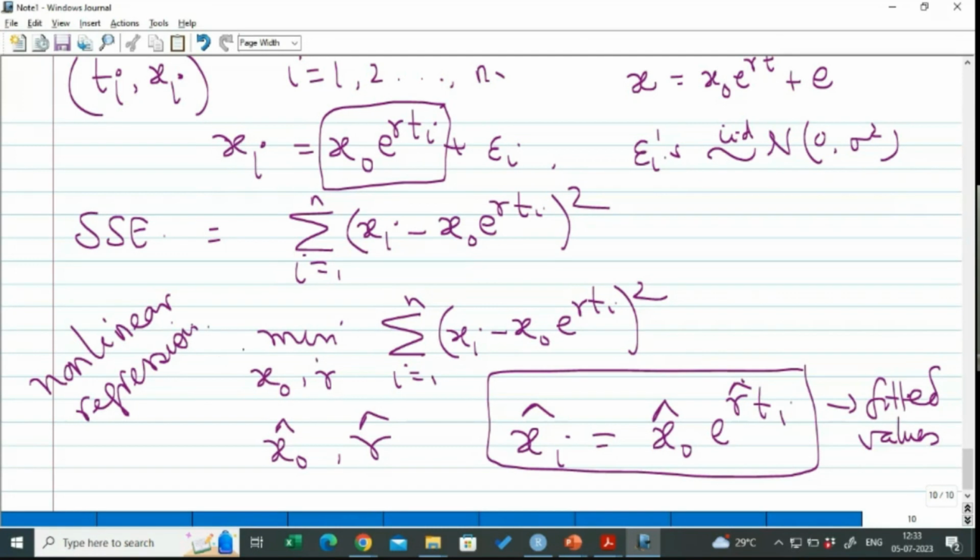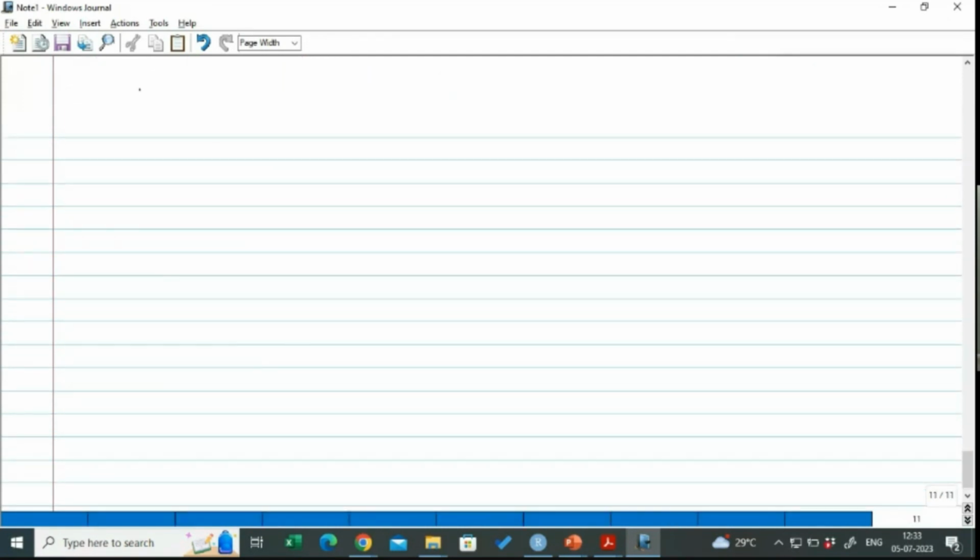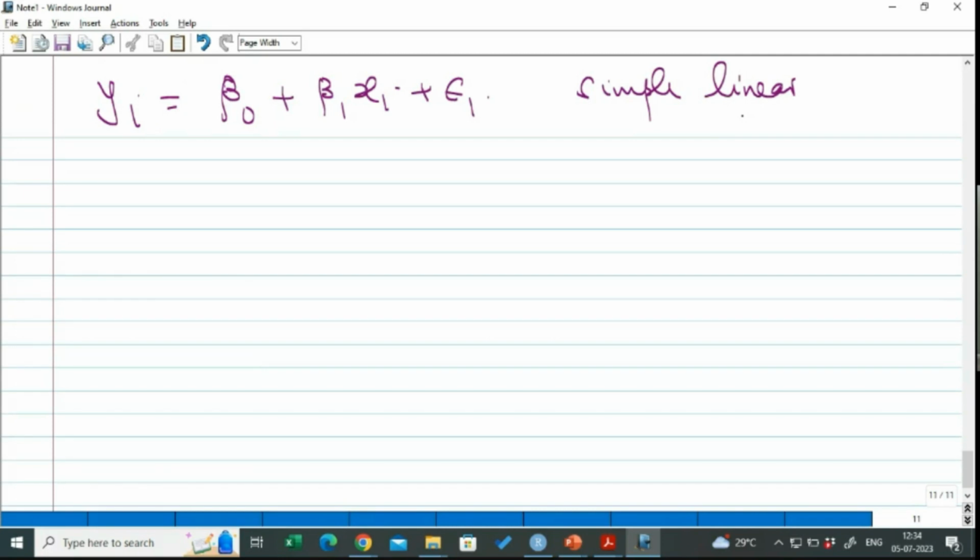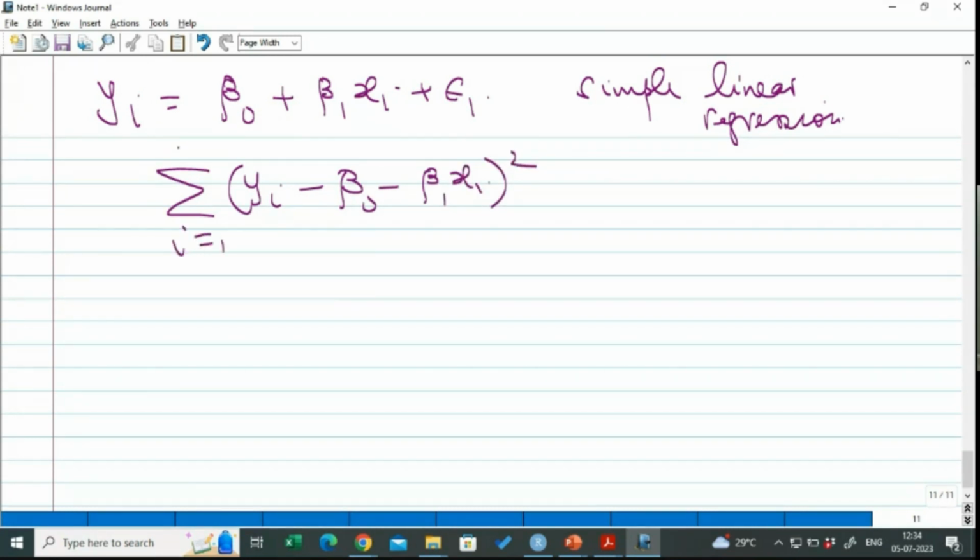In multiple linear regression, you have considered a linear model, something like beta 0 plus beta 1 xi plus error, which is called simple linear regression. Then what you have done there is the sum of yi minus beta naught minus beta 1 xi, whole square, for i equal to 1 to n. You performed this minimization with respect to beta 0 and beta 1, and then you know how to write it in matrix form and everything.